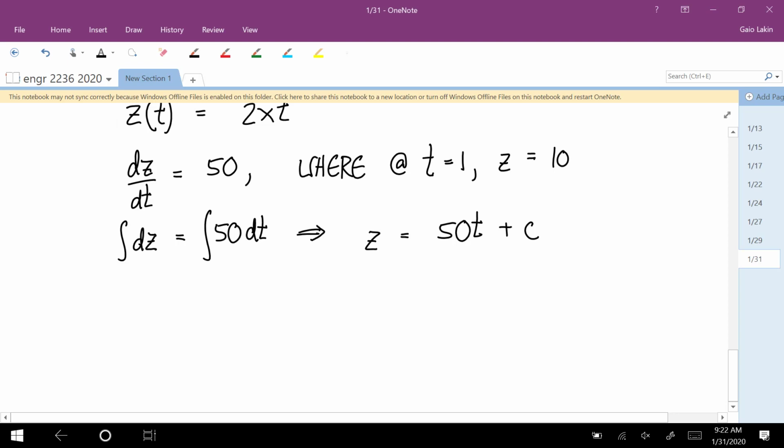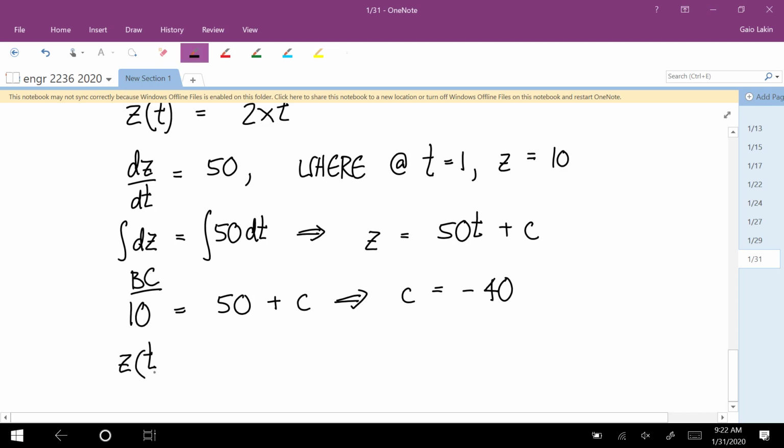So the boundary condition here says 10 is equal to 50 plus c. So c is equal to negative 40. So z as a function of t is equal to 50t minus 40.